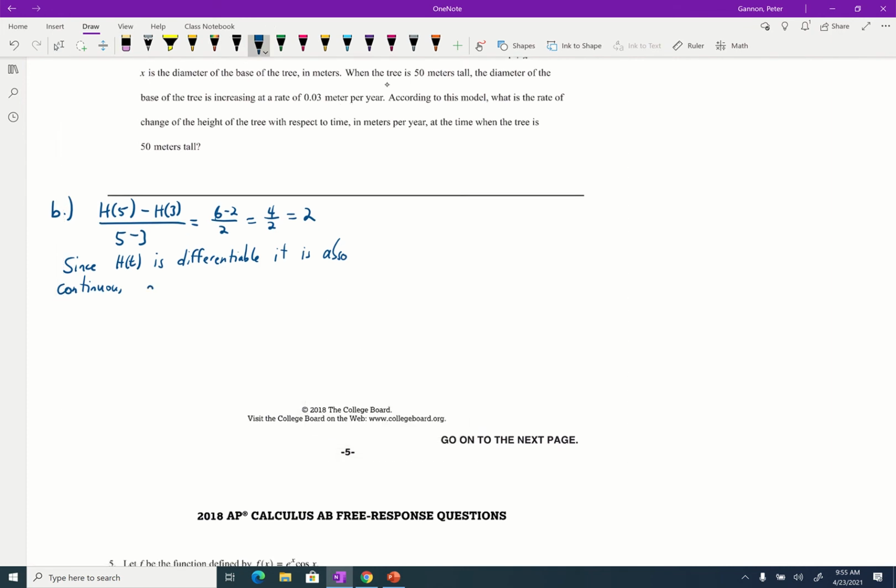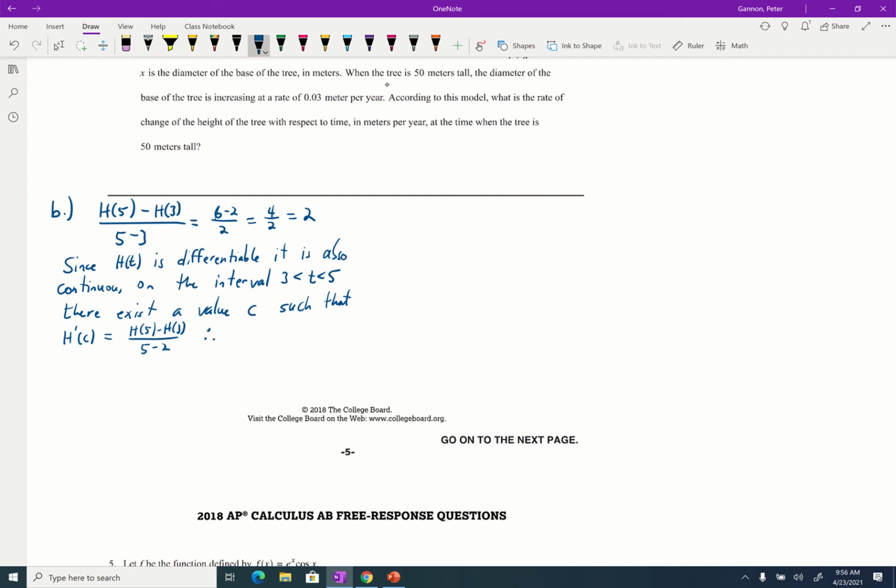So on the interval t greater than 3 but less than 5, there exists a value c such that h prime of c is equal to h of 5 minus h of 3 over 5 minus 3.